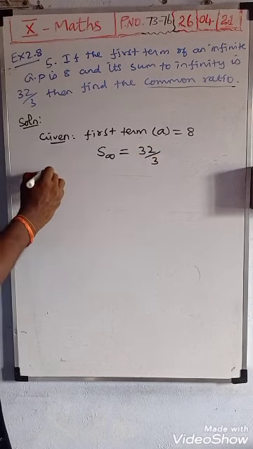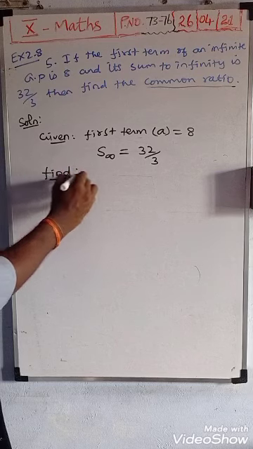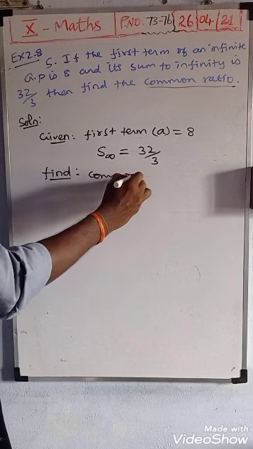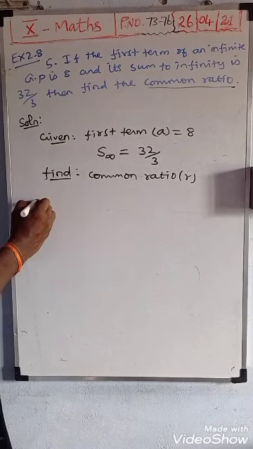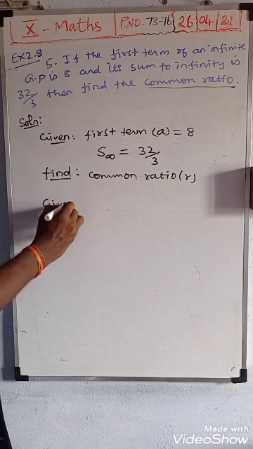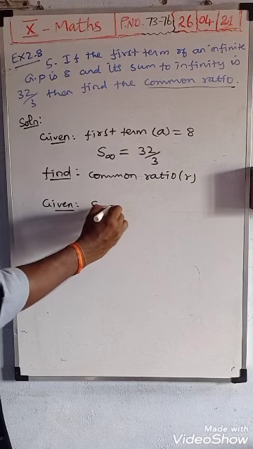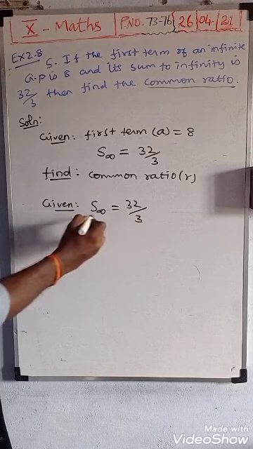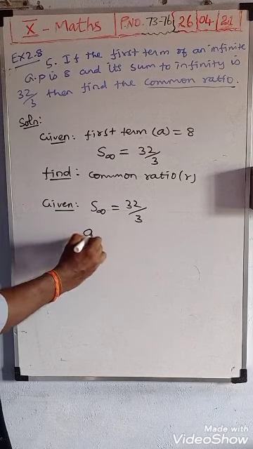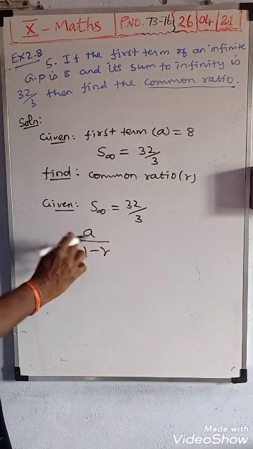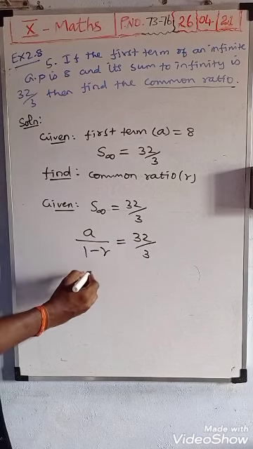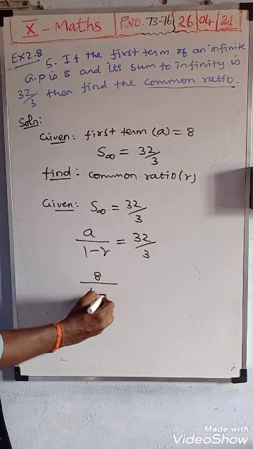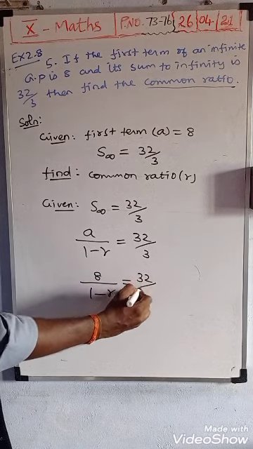We want to find the common ratio R. So we know the S infinity formula: a divided by 1 minus R is equal to 32 by 3. Now substitute the a value, which is 8. 8 divided by 1 minus R is equal to 32 by 3.